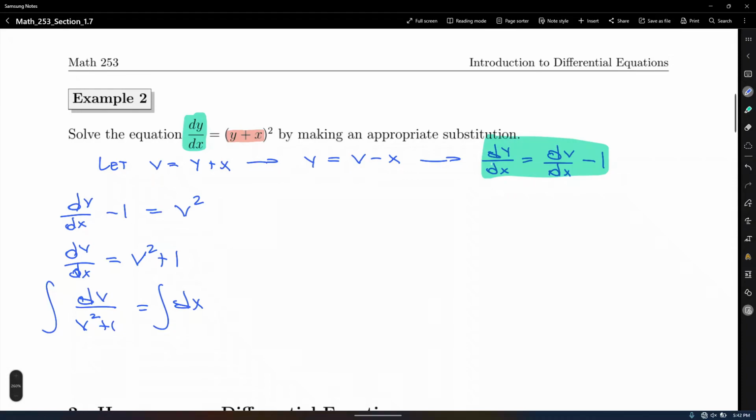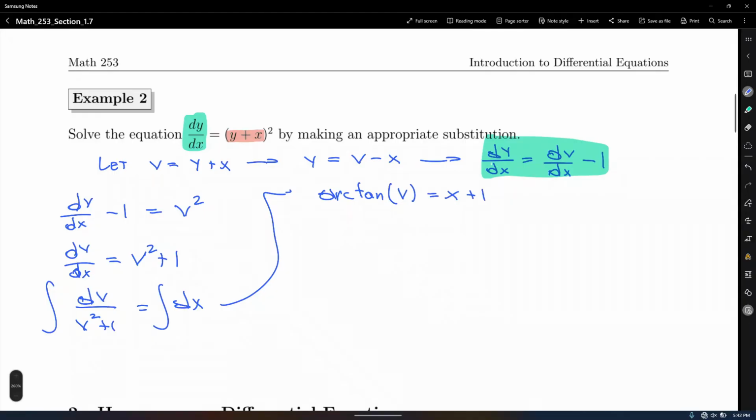The first one is a pretty basic case of an arctangent function. That's arctan of v. And guys, unless you have something like 16v squared plus 64, just make sure to consider the a and the u du part, all right? This one is very straightforward, and equal to x plus 1. All right?